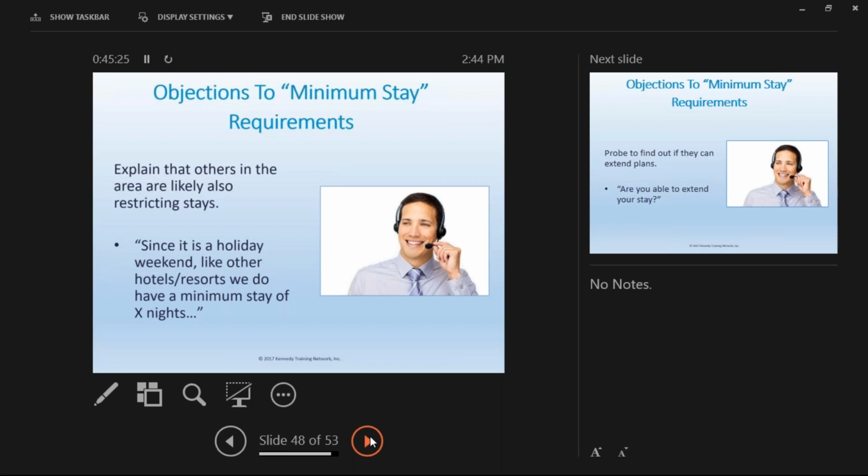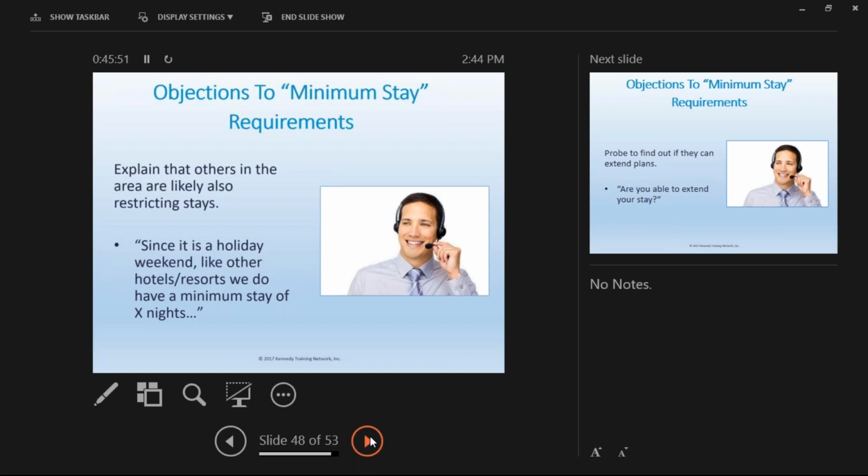Maybe you have a 2-night minimum on the weekends, and during Memorial Day or Labor Day you have a 3-night minimum. Some of your vacation home rental companies, you might have a 5-night minimum, or if you're joining us from places like the Outer Banks, you might even have a 7-night minimum. Now, and that generally is the higher the demand, the more you can impose a minimum stay. Good for you.